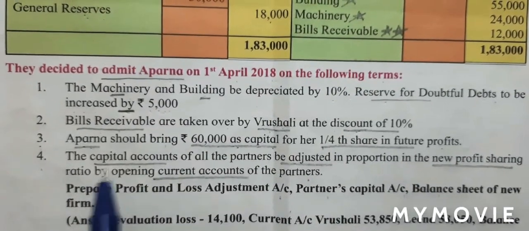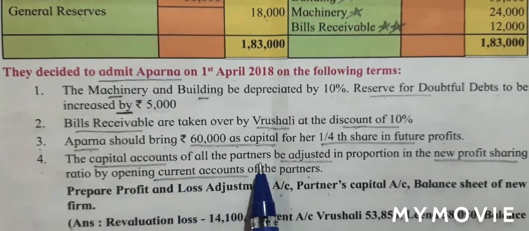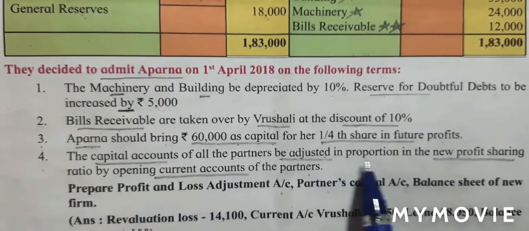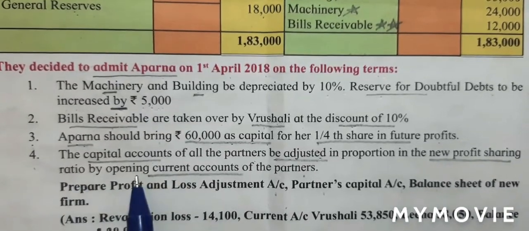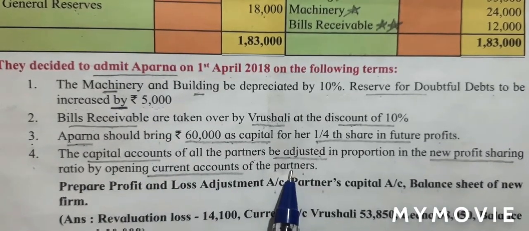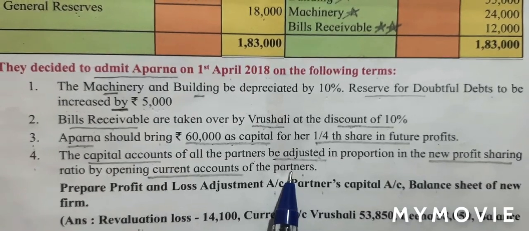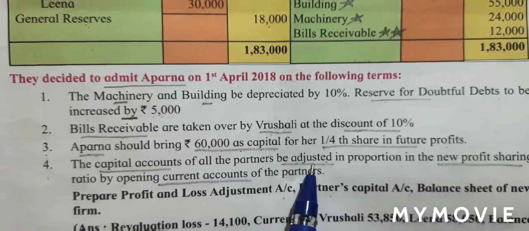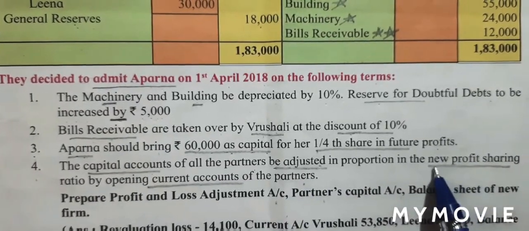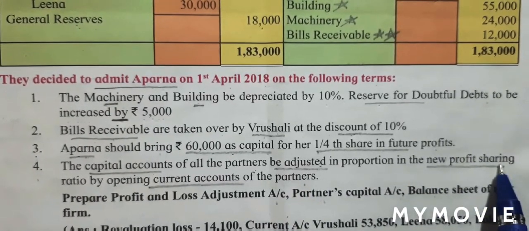Adjustment number 4. The capital accounts of all partners be adjusted in proportion to their new profit sharing ratio by opening current accounts of partners. So students, this is nothing but capital adjustment, and for capital adjustment, the first thing that we need to calculate is our new profit sharing ratio.